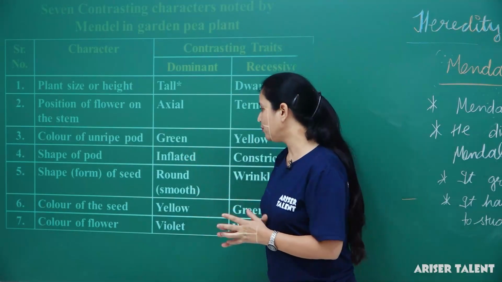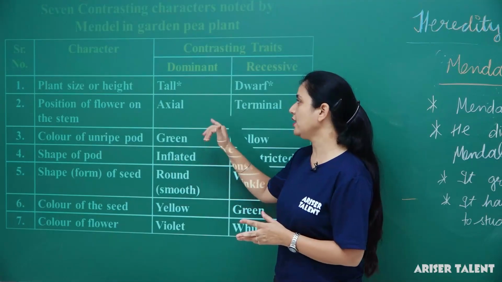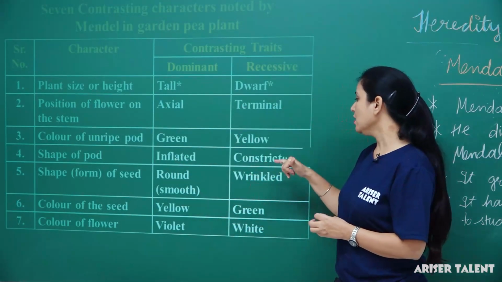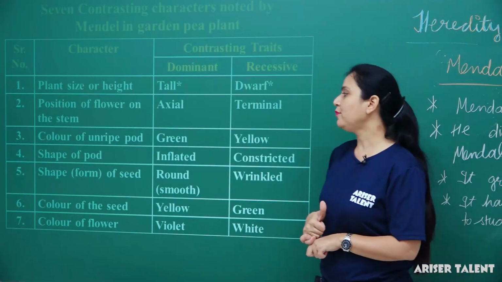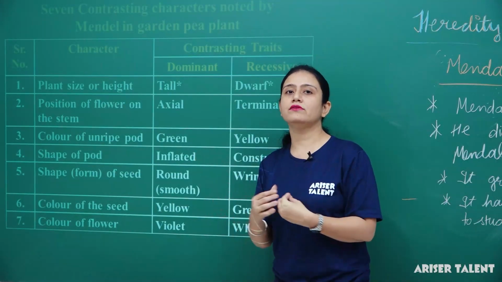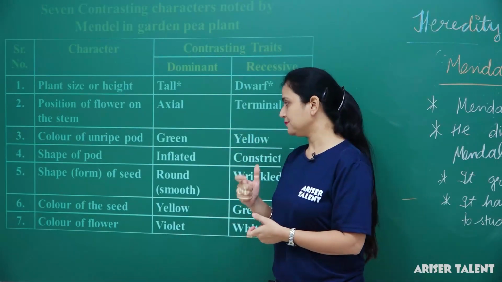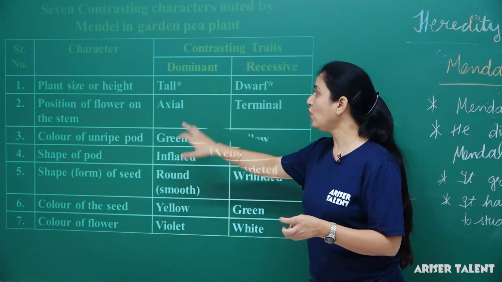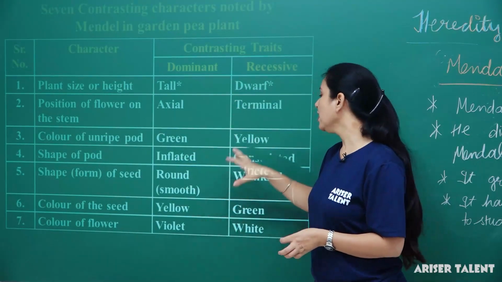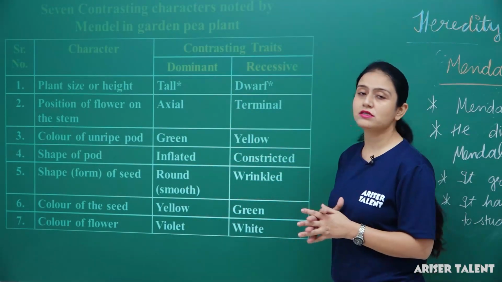Shape of pod, it was inflated in dominant, and constricted in the dwarf plant which was recessive. Shape of seed, means after fertilization, what was the shape of seed? The tall plant had round seeds, and the dwarf plant had wrinkled seeds.